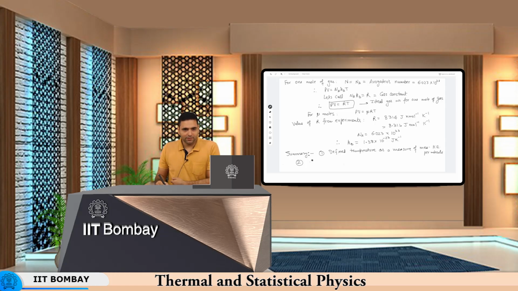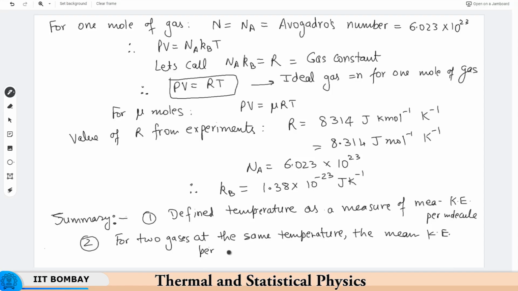So what I mean by that is, for two gases at the same temperature, the mean kinetic energy per molecule are the same.